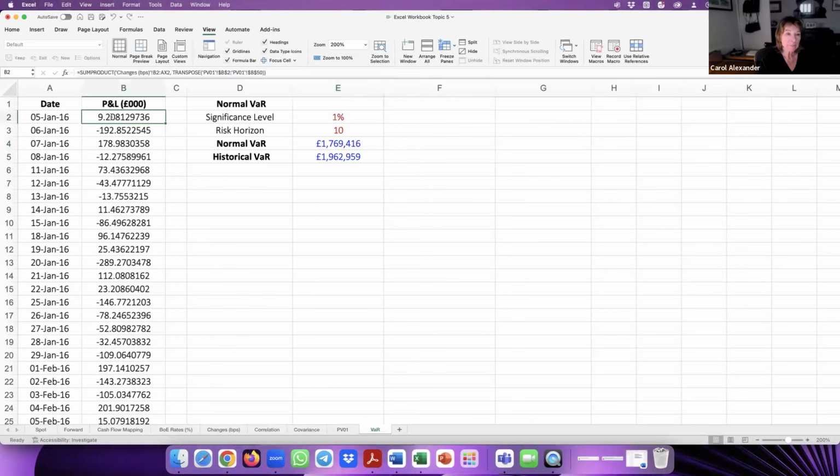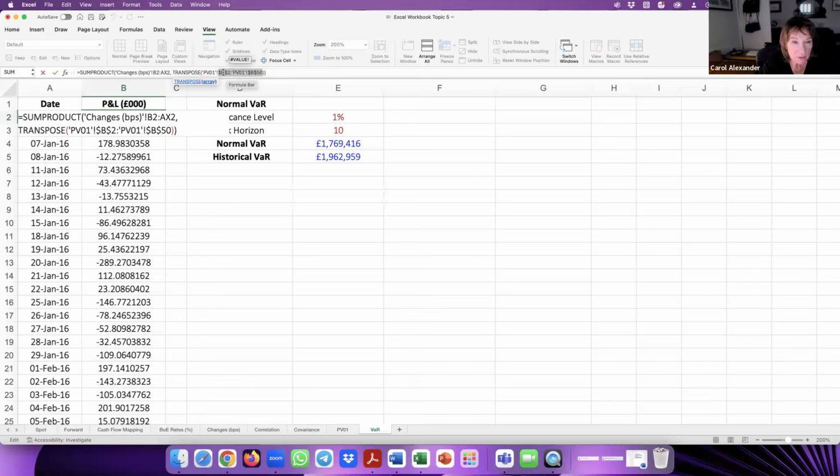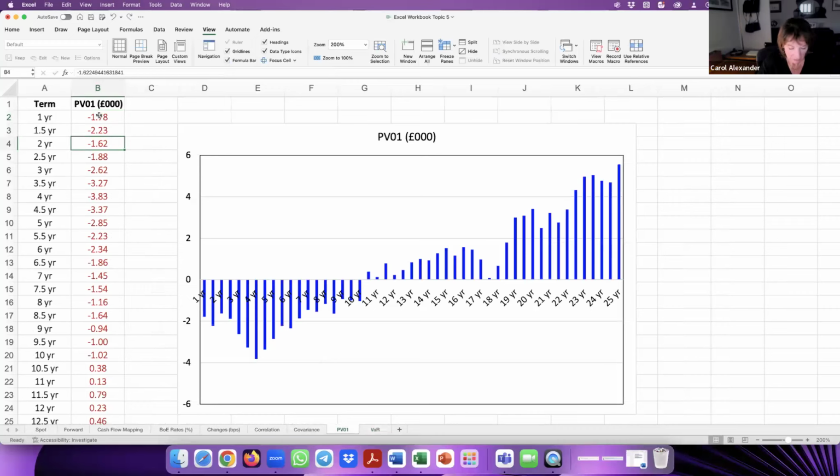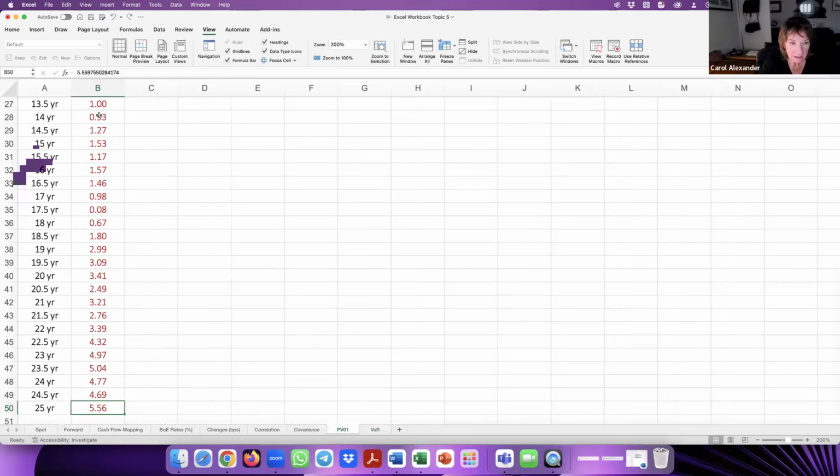Now, to get the P&L vector, the delta P vector, we use the sumproduct, and we have to keep the P vector constant in that sumproduct. So I've used dollars here by pressing F4. And so the transpose of PVO1, and you don't want that to change as you roll it down, so you put dollars there. Remember, this PVO1 sheet cells B2 to cell B50. These are fixed, and these are these cells here. This is B2 going down to B50.